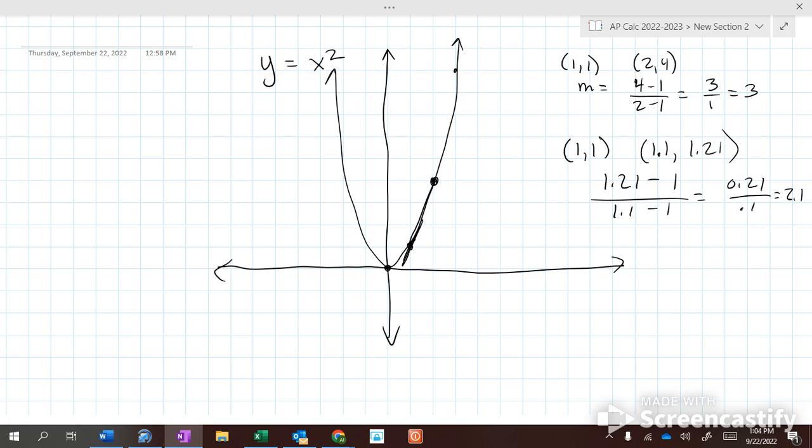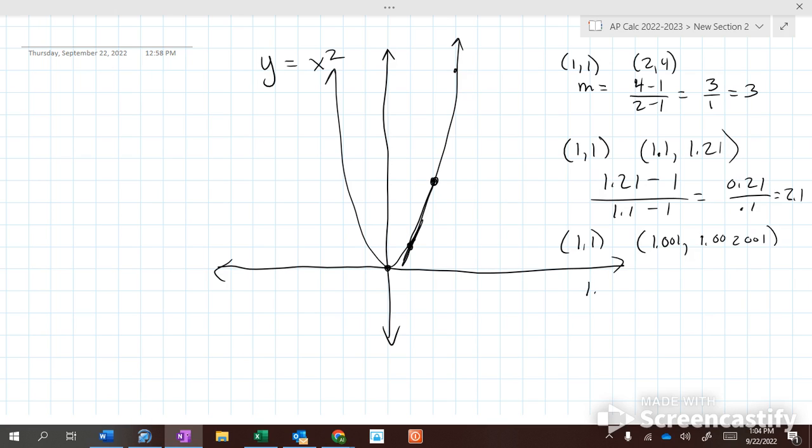But let's get even closer yet. Let's go from 1 to 1.001. So what's 1.001 squared? 1.002001, I think.